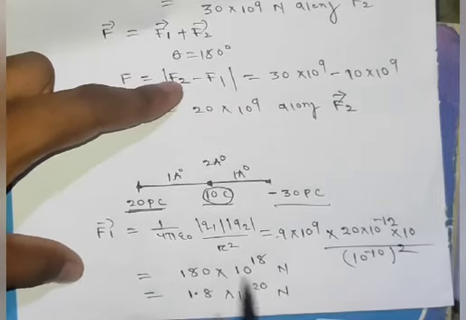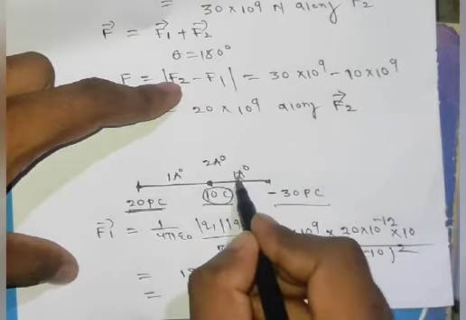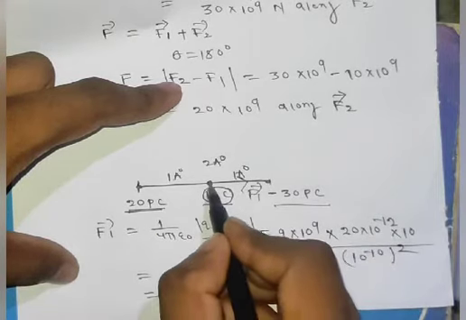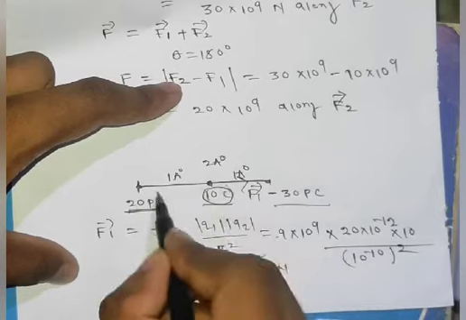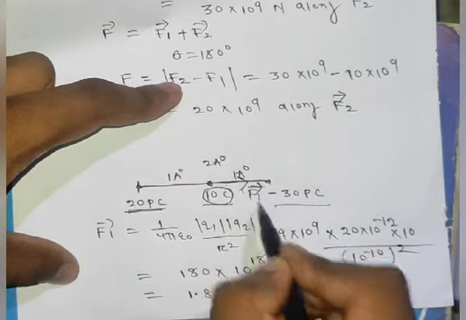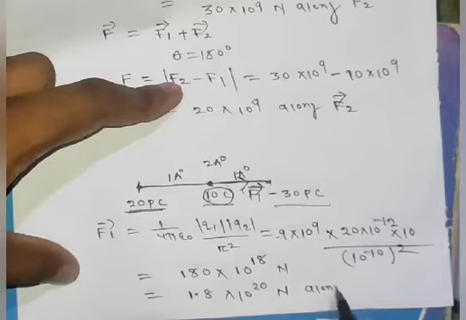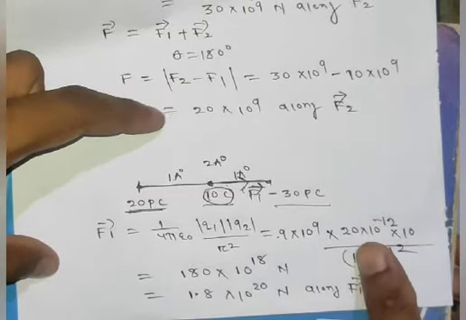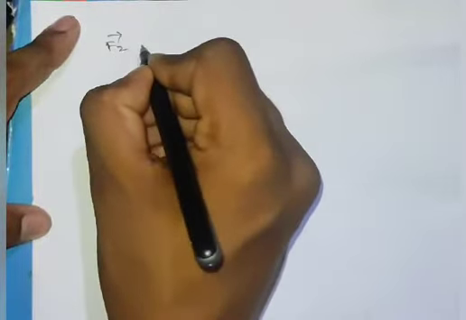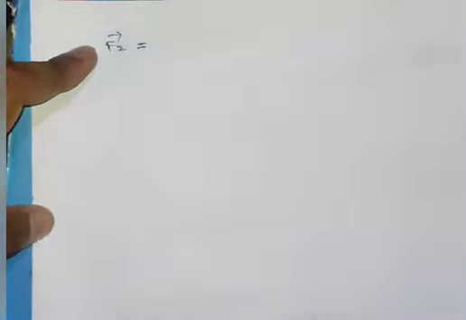This will be directed along this, because both charges are positive like charges, so the force of interaction will be repulsive, so it will be directed along this F1 vector. Is it clear?